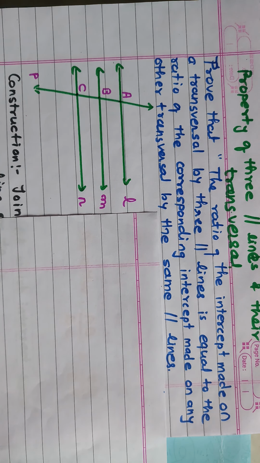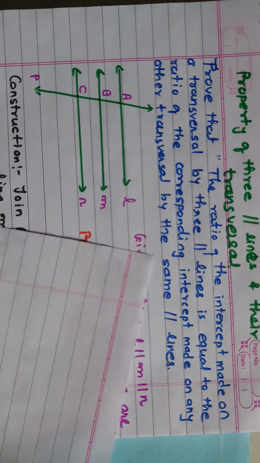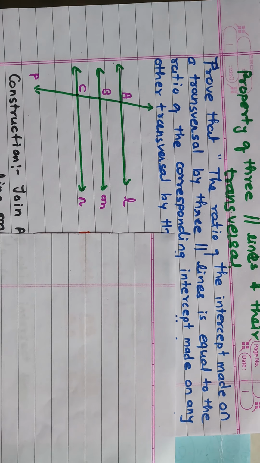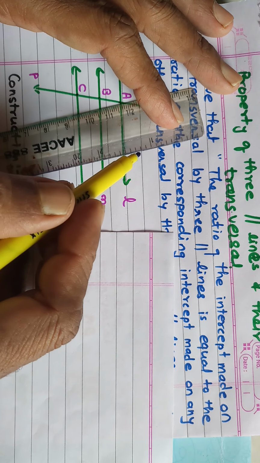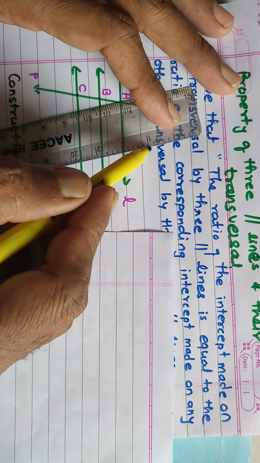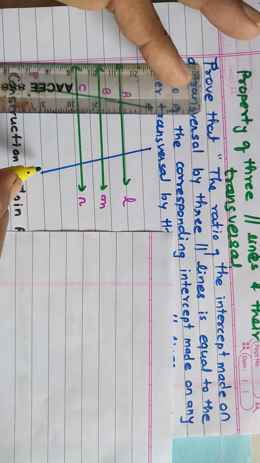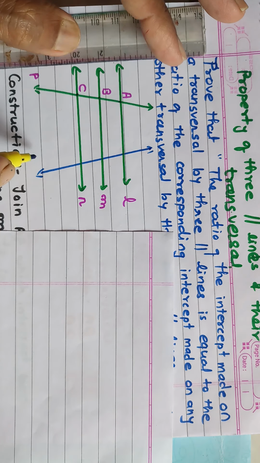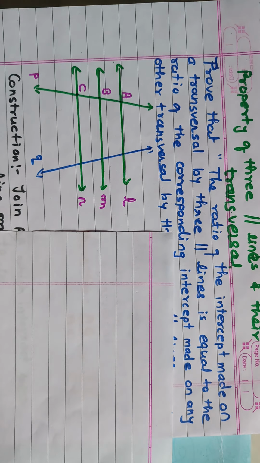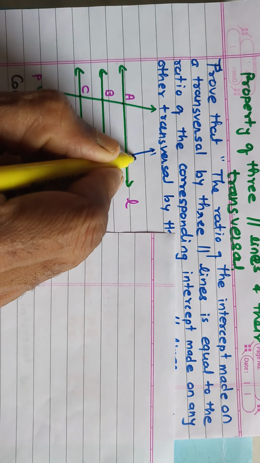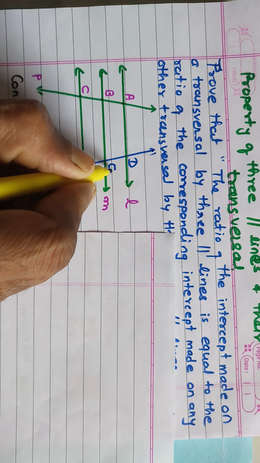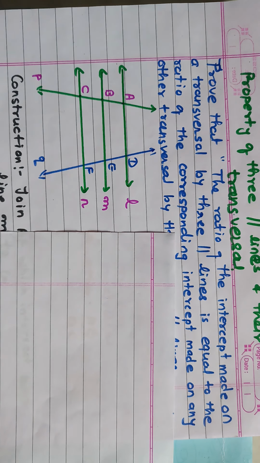So we have to draw another transversal on the lines L, M, N. Let line Q be the other line which intersects L, M, N at points D, E, F respectively.